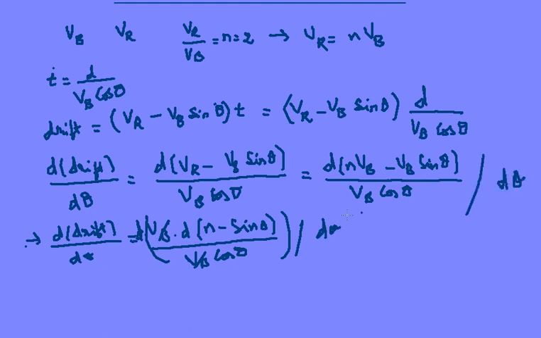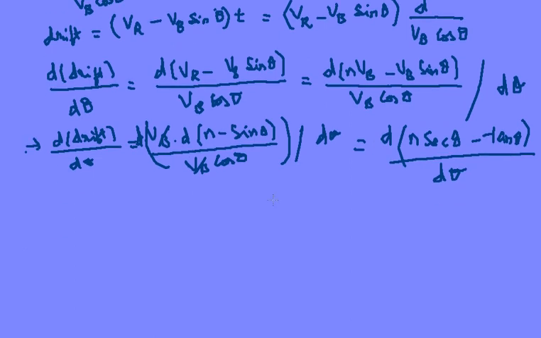So this would give us n by cos theta, which is n into secant theta, minus sin theta by cos theta, which is tan theta. Adding the simple differentiation rule, we get the derivative of the total drift equal to n into d by d theta of secant theta, which equals secant theta tan theta, minus secant square theta.